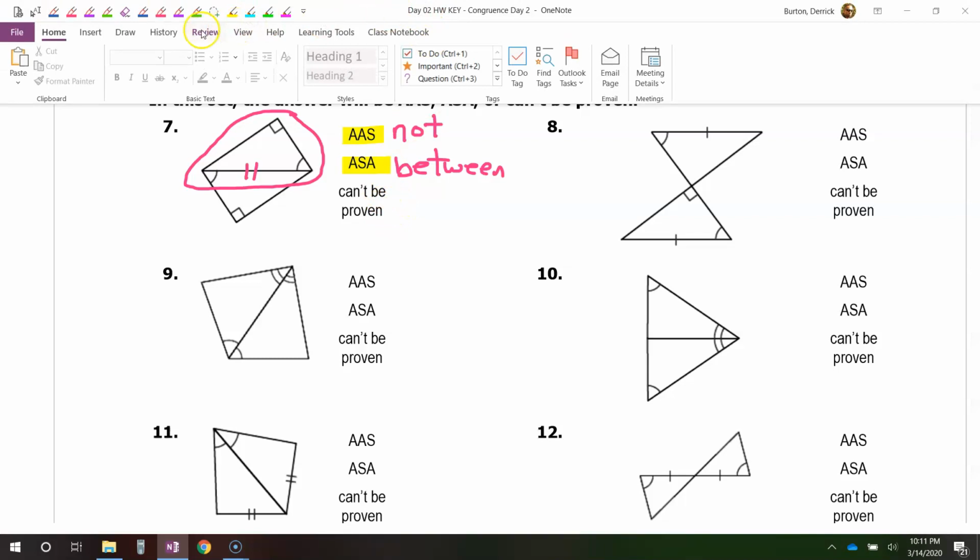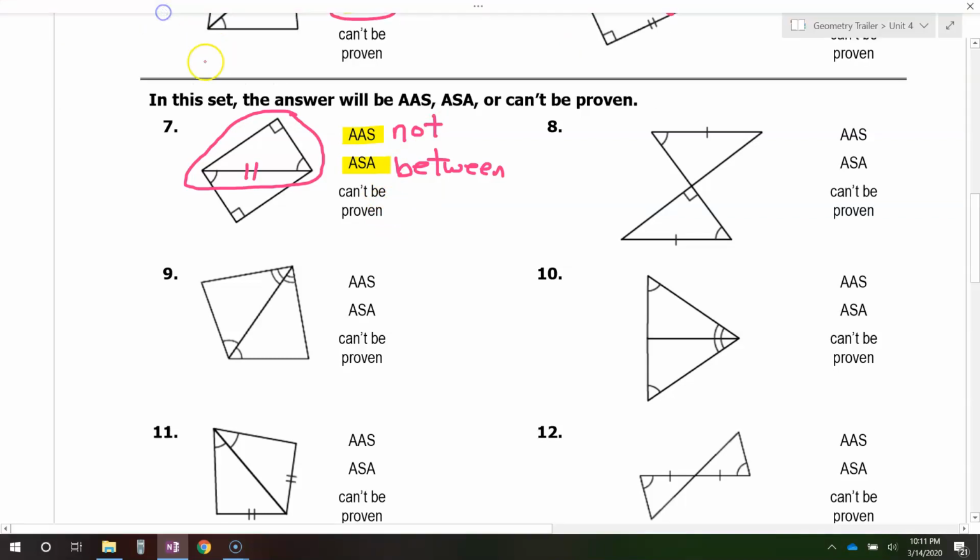Okay, so what do I mean by between? Look at the two angles. So I'm going to put dots at the two angles. So here's one angle, and here is the other angle. If I connect those, that is the side that is between the two angles.